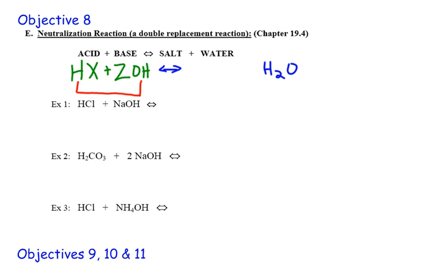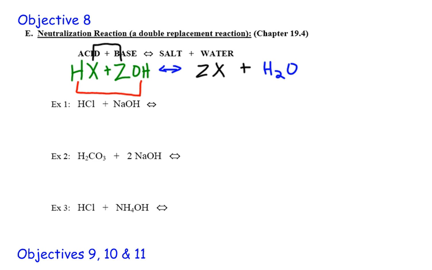And what we see over on the other side is the cation from the base, the Z, will stick to the anion from the acid, and so you will have a compound that is known as a salt. And of course that's not Zn, that's ZX.